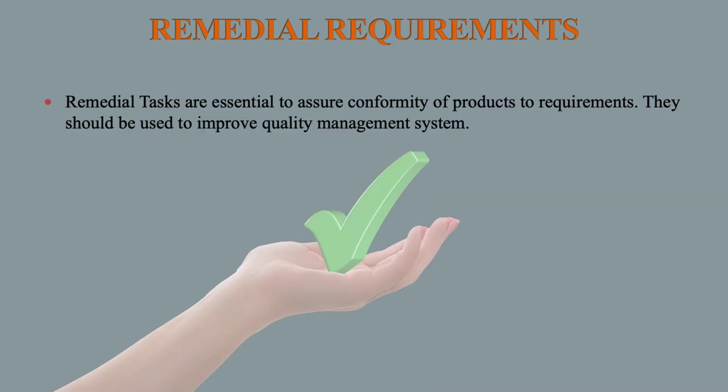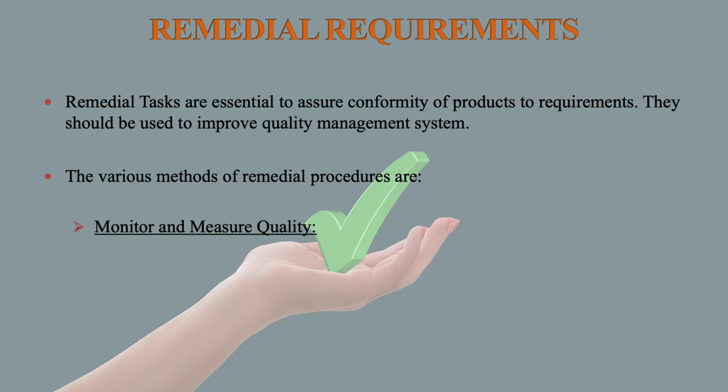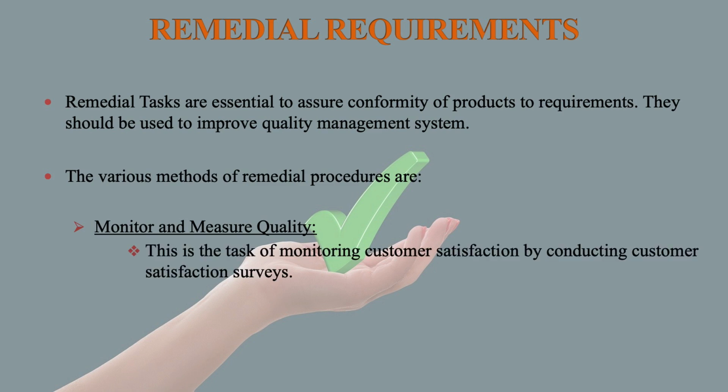Then remedial requirements. The remedial tasks are essential to ensure conformity of products to requirements. They should be used to improve quality management systems. The various methods of remedial procedures are: monitor and measure quality. This is the task of monitoring customer satisfaction by conducting customer satisfaction surveys. So how to monitor?